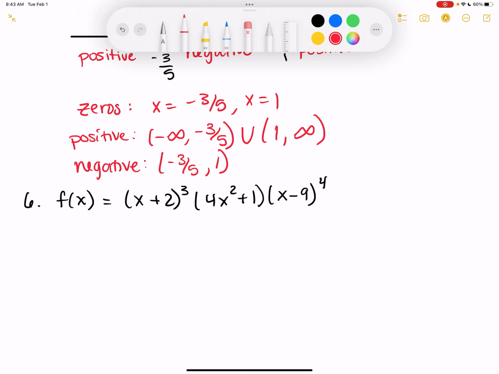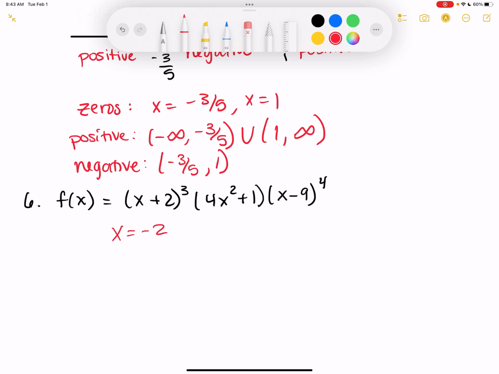To find my zeros, I set each piece equal to 0. When it's something really simple, I don't even care if you show all the steps. You can just tell me that x is equal to negative 2. I'm finding the zeros.